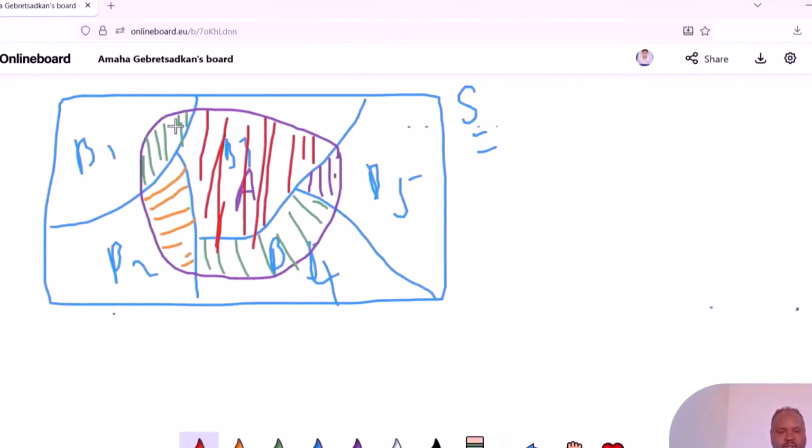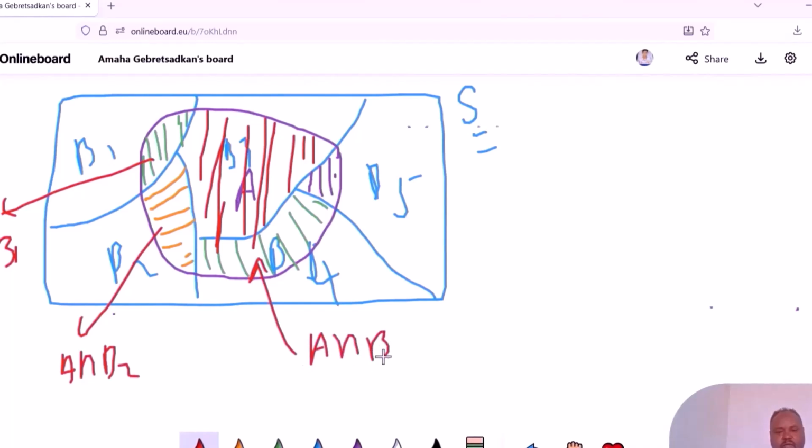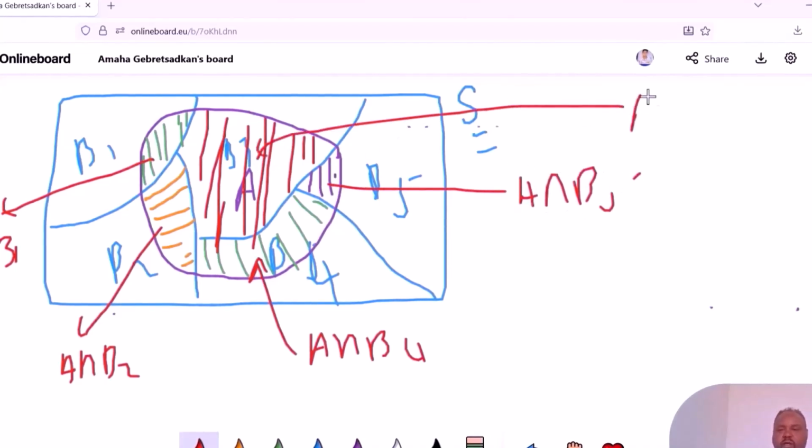Can we represent this area by, for example, this area is A intersection B1, right? Whereas this one is A intersection B2, whereas this is nothing but A intersection B4, right? This small area is A intersection B5, whereas this huge area is A intersection B3, right?